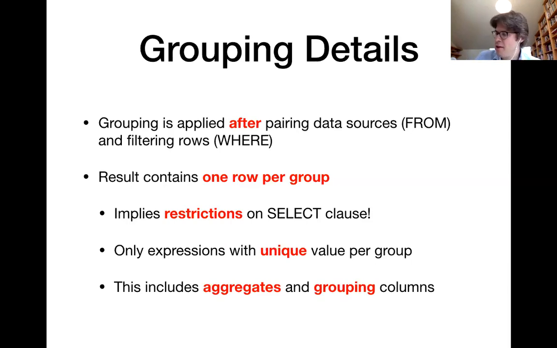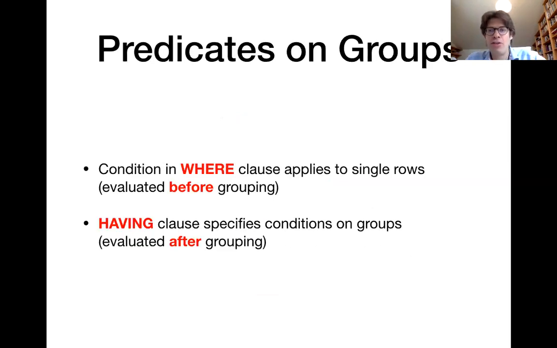All right, now one last feature that I wanted to mention here. Sometimes in practice, you also want to put some condition on groups as opposed to conditions on single rows. So the where clause is where you put conditions on single rows, and that is evaluated before doing the grouping. Then after the grouping has happened, you might still want to have some condition for filtering out entire groups.